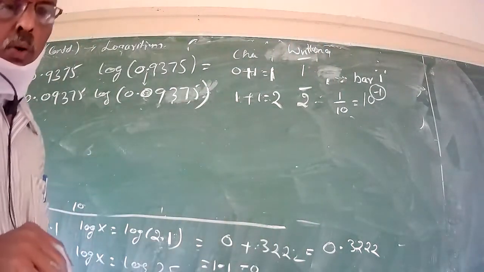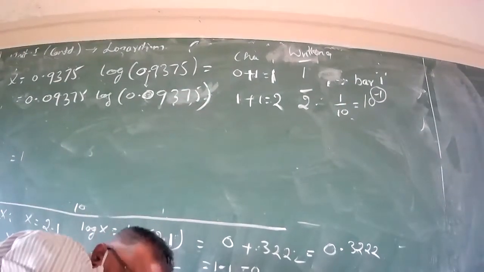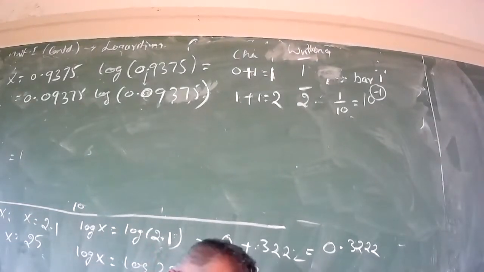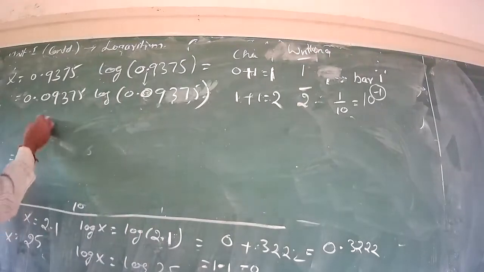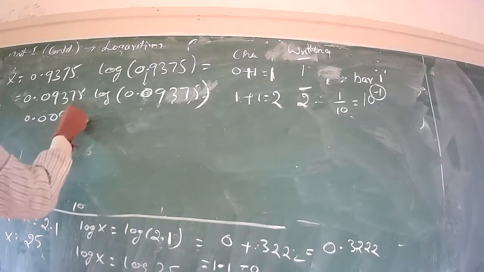Similarly, suppose the number is 0.009375.